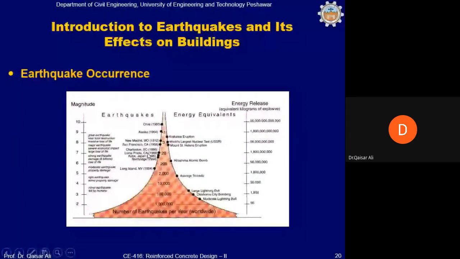With the increase in the magnitude, the number of earthquakes per year decreases. We have only 3 earthquakes of magnitude 8 or so. Many of these earthquakes occur in the ocean, thereby not causing any damage to the continent part. However, whenever they hit the continent part, you see that a lot of damage occurs to the buildings.